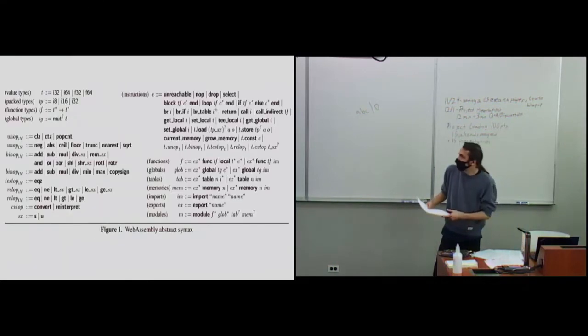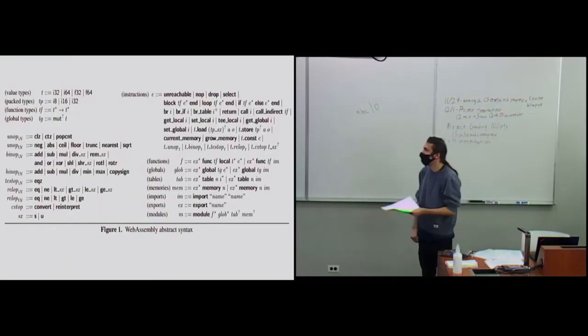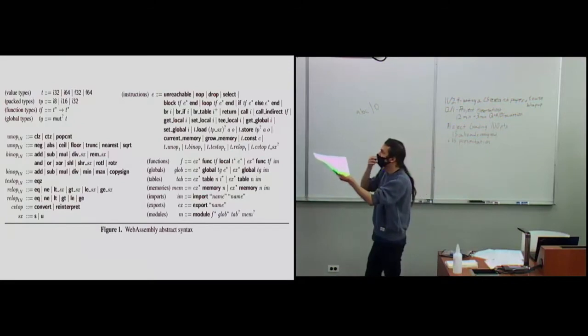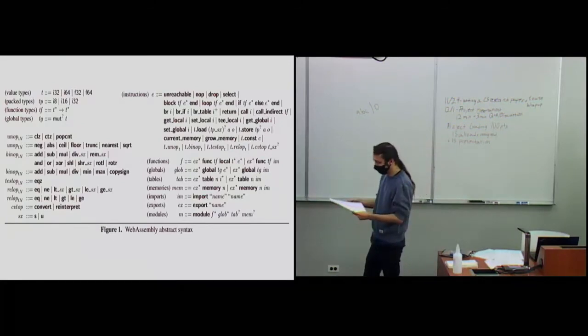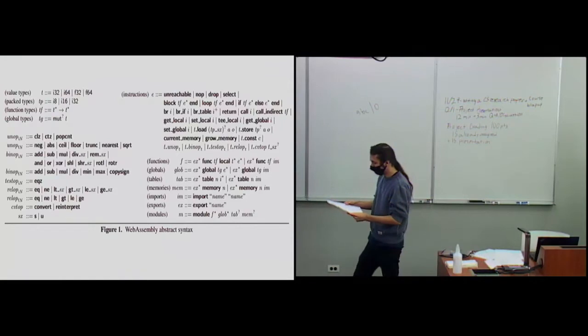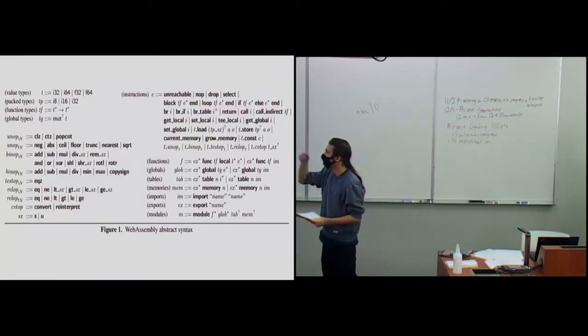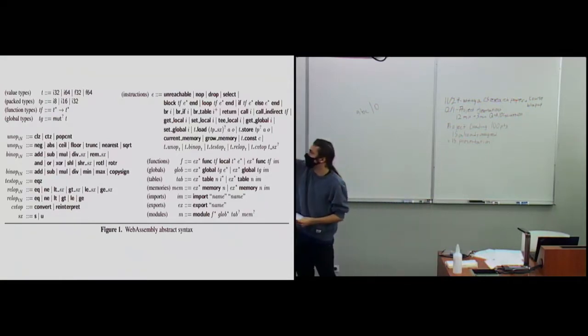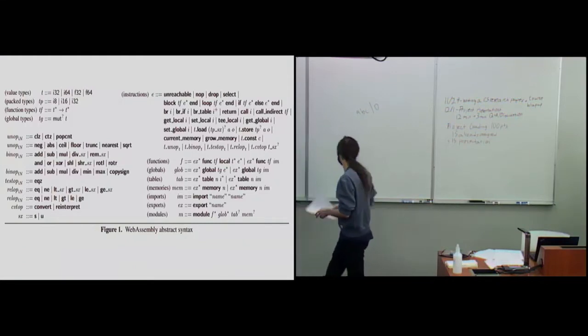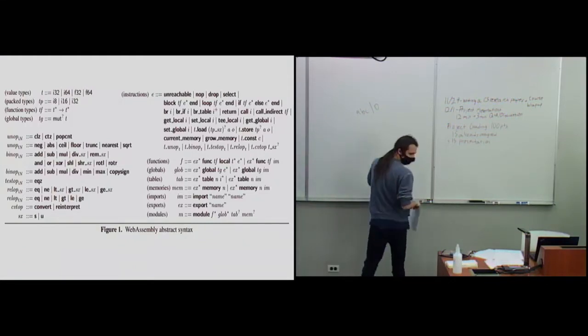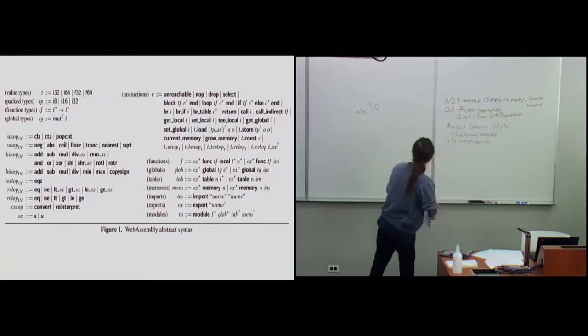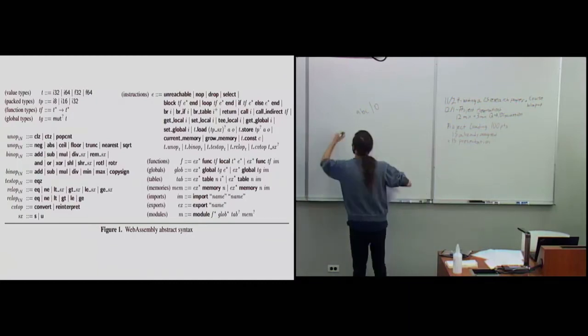So skipping into semantics, I'll go over the first 2 types, and then I'll elaborate on the rest of this mess. Okay, so the 4 value types at the top: I32, I64, and the floats.